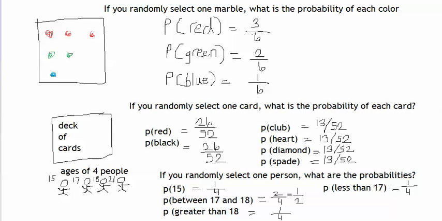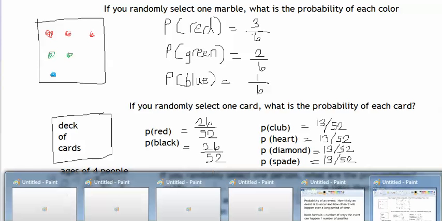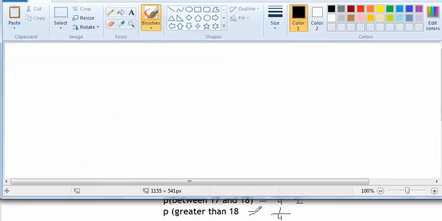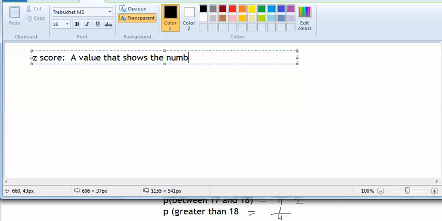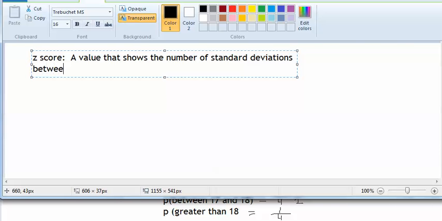And what if we can also do probabilities with something called z-scores? A z-score is a value that shows the number of standard deviations between a single value and the mean.